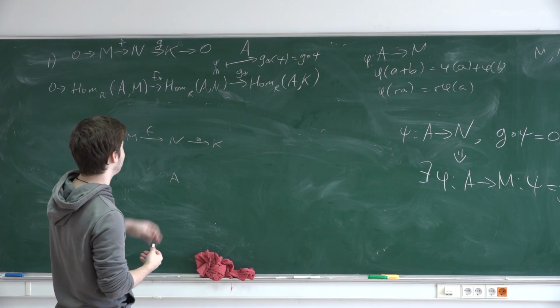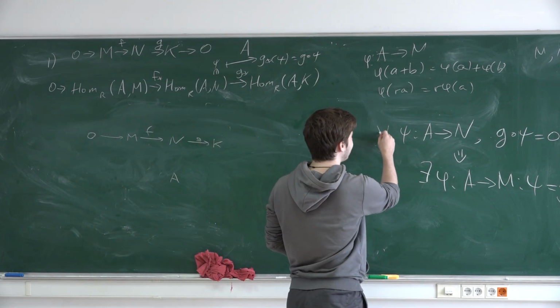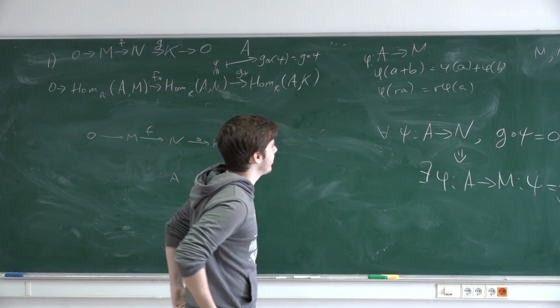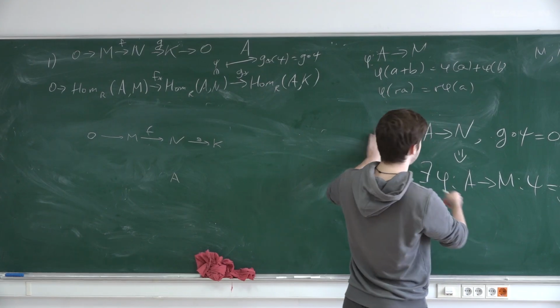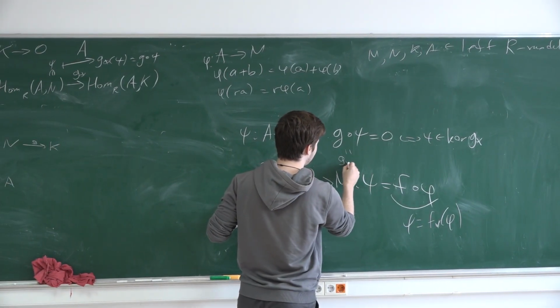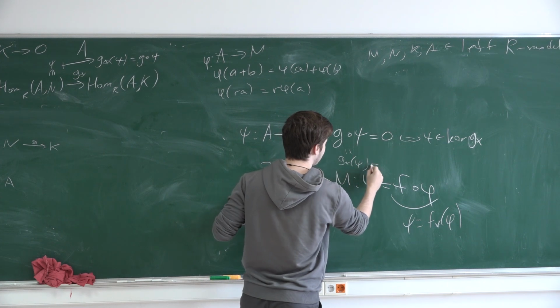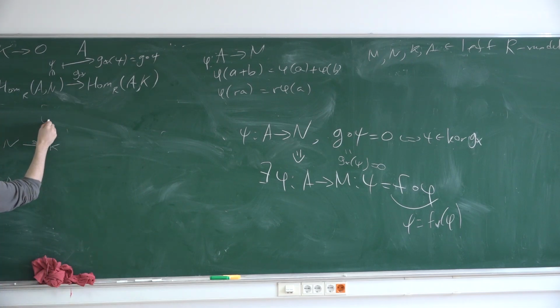Okay, I forgot the notation. For every psi. You consider I one. Zero. Okay, this is psi from the kernel.